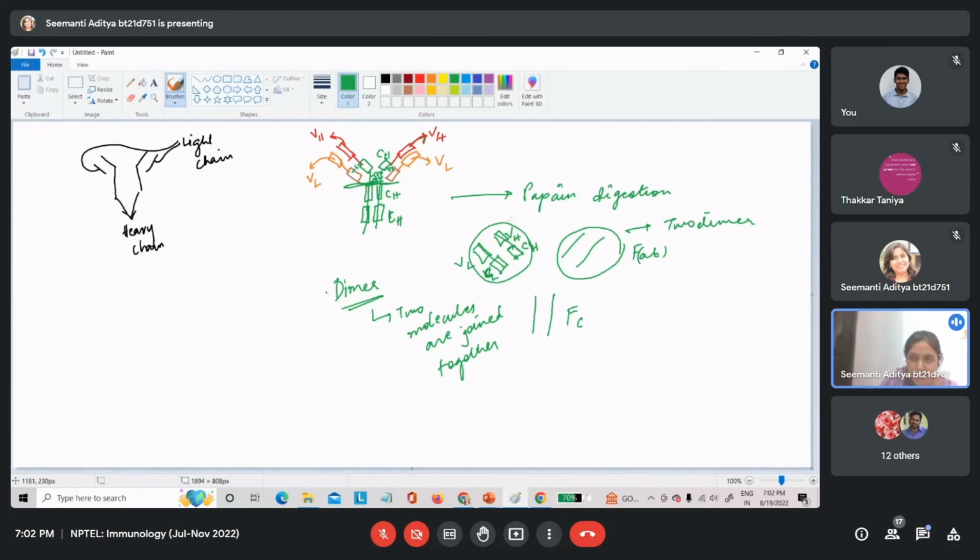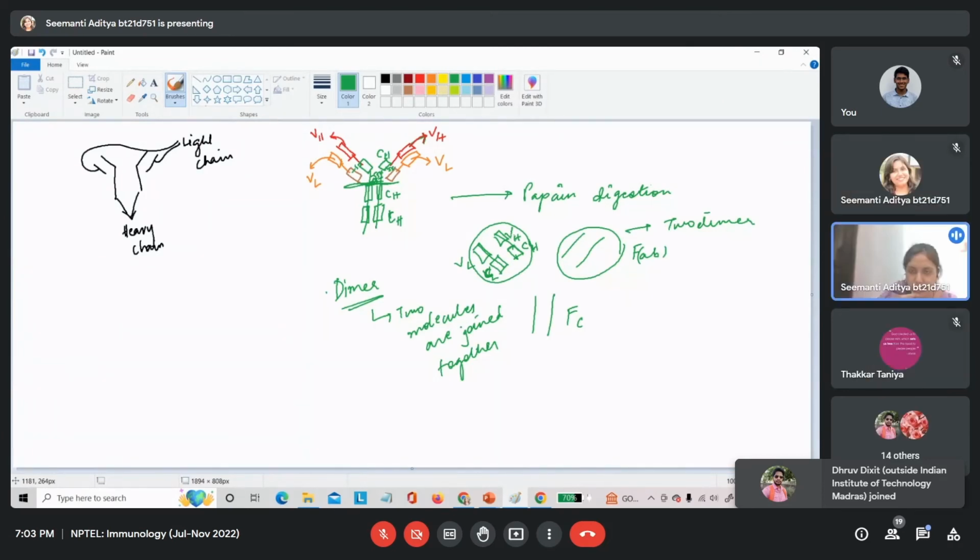The dimer is going to have the variable region of your heavy chain and variable region of your light chain, along with the constant region of your heavy chain and constant region of your light chain. So this was the correct option, option D, I think. That is why the dimer needs to have both the variable region and constant region of both heavy chain and light chain.